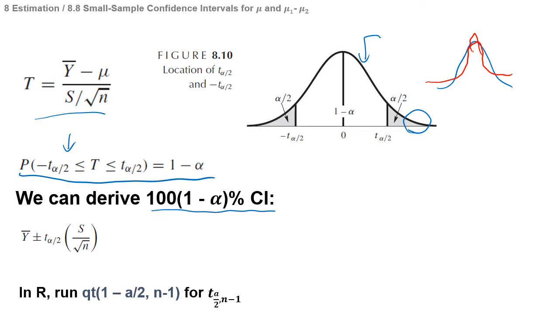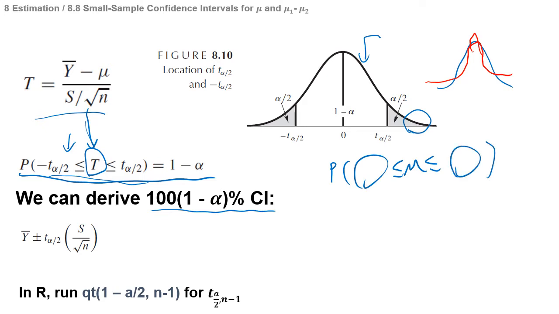The probability of this thing equals 1 minus alpha, and if you put t here and derive this with respect to mu, the probability that mu is greater than something and less than something, you can do it by yourself. I will leave it to you. Then you will find that the lower bound and upper bound can be represented as this.